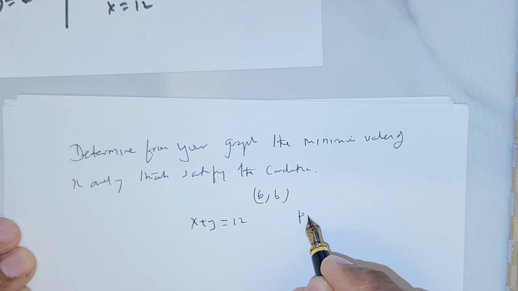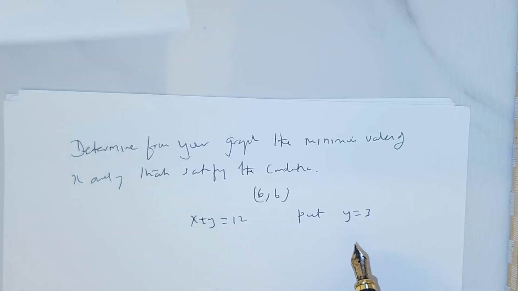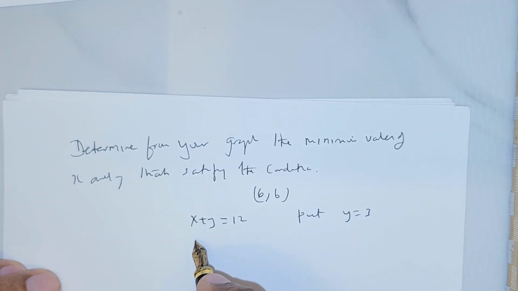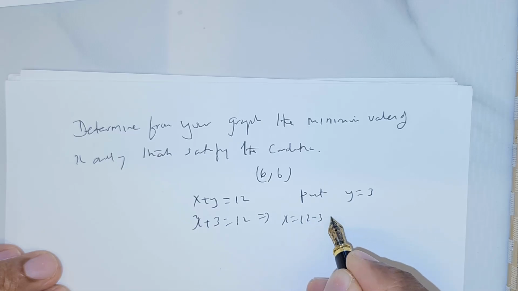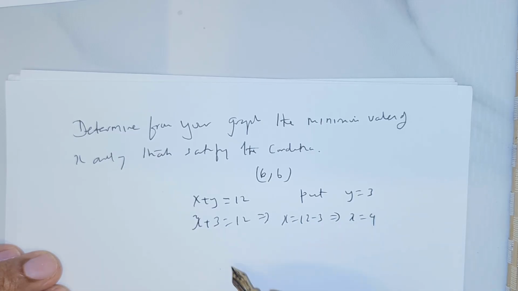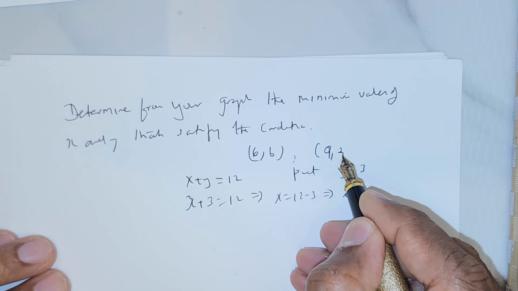I'm going to put y is equal to 3, because y is equal to 3 is the line. Okay, so if I put y is equal to 3, I will get x plus 3 is equal to 12. From here, x is equal to 12 minus 3, which means x is equal to 9. So this is the next point. Okay, 9 comma 3.